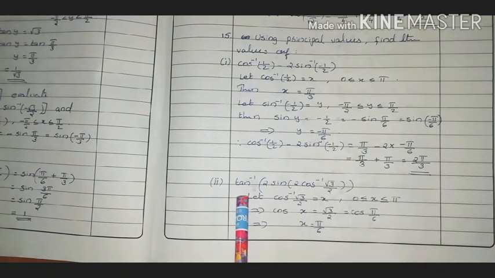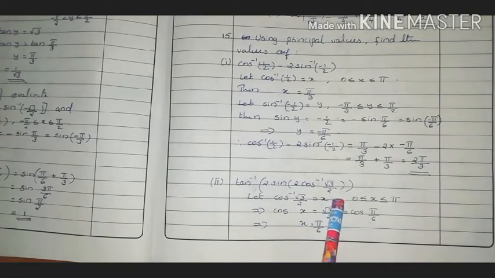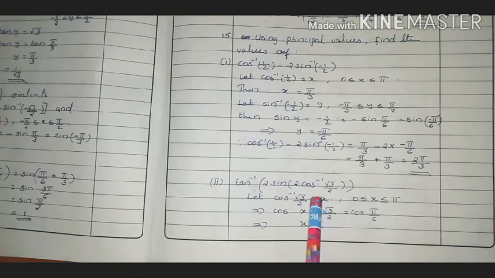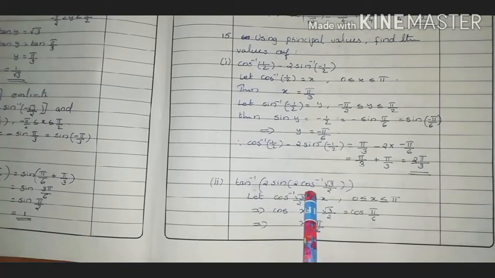Next question, tan inverse of 2 sin of 2 cos inverse root 3 by 2. We want to solve from the inside bracket. What's given here? 2 cos inverse root 3 by 2.